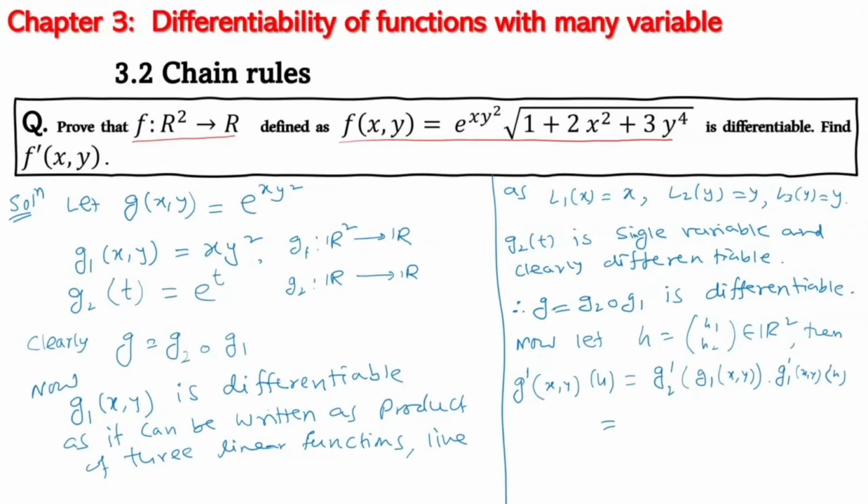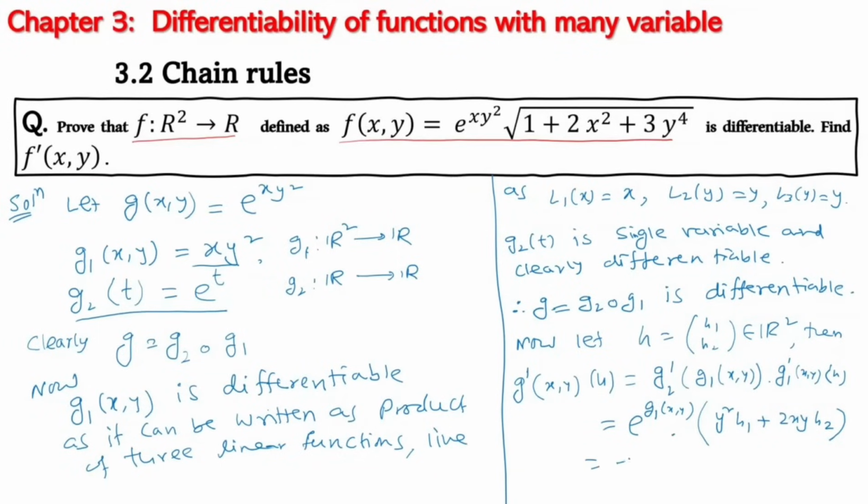So the derivative of g2 is e to the power t, so therefore it will be e to the power g1 xy and then g1 dash xy, so derivative of x y square, so this is y square h1 plus 2xy h2.